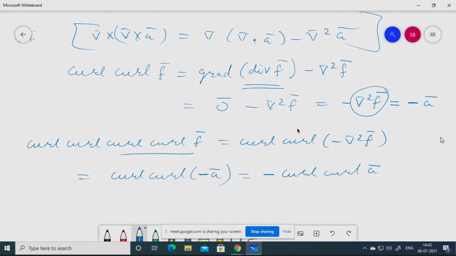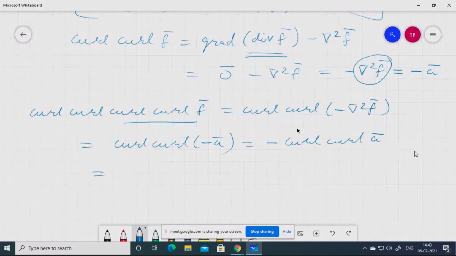Okay. Now again I will apply the same identity, curl of curl of a bar. So according to this, minus sign as it is, this will be gradient of divergence of a bar minus del square a bar, and this minus will be plus now.